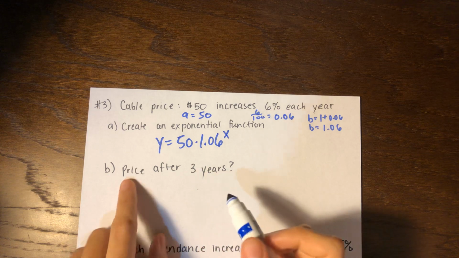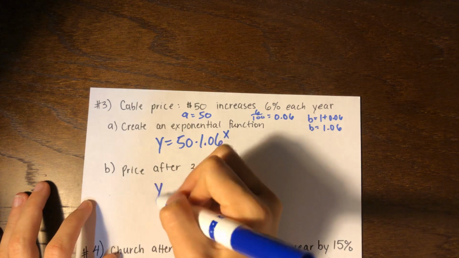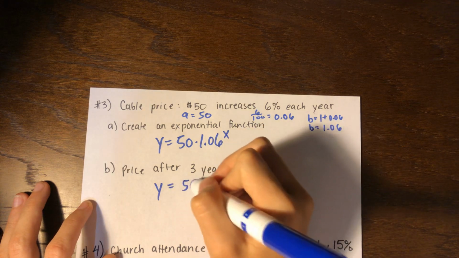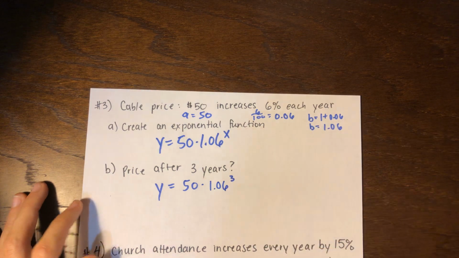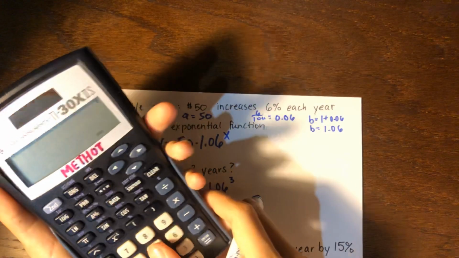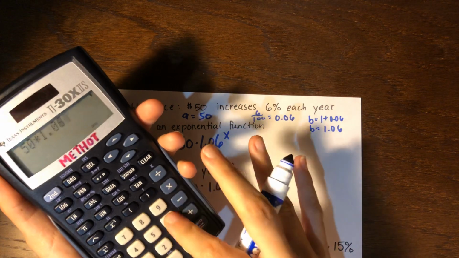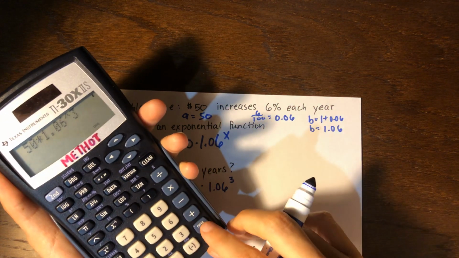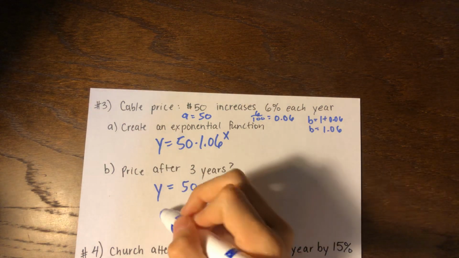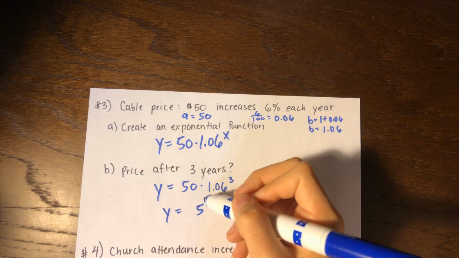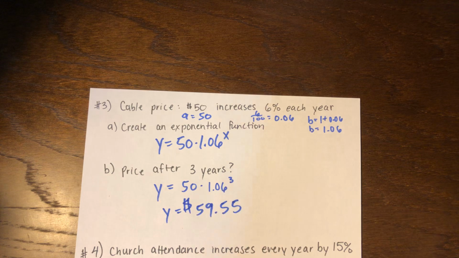Now I'm plugging in 3 for the years. We want to know what the price is after 3 years. So we have 50 times 1.06 to the third power, which is 59.55. And that's money.